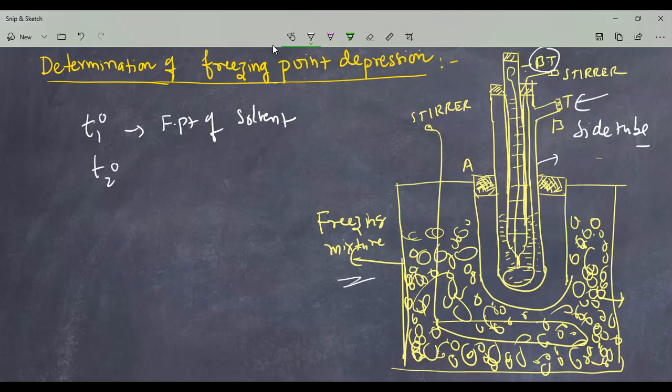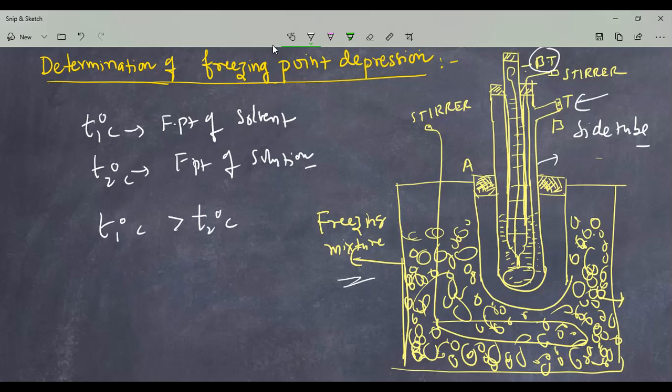That is noted as T2 degrees Celsius. We call that the freezing temperature of the solution. As we know, T1 degrees Celsius will definitely be greater than T2 degrees Celsius in this freezing point concept.